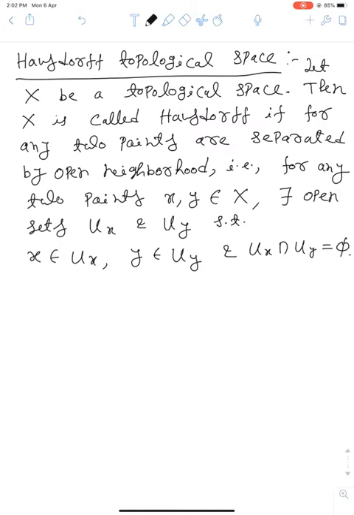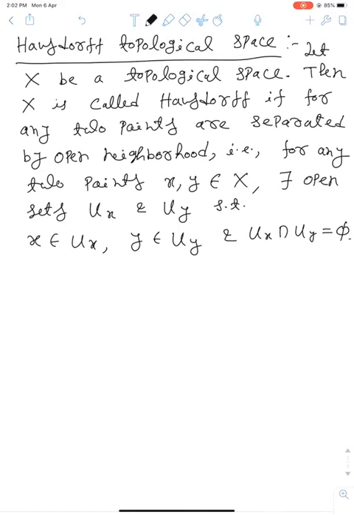Now it is easy to see that if a topological space is Hausdorff, then it is T1 as well.